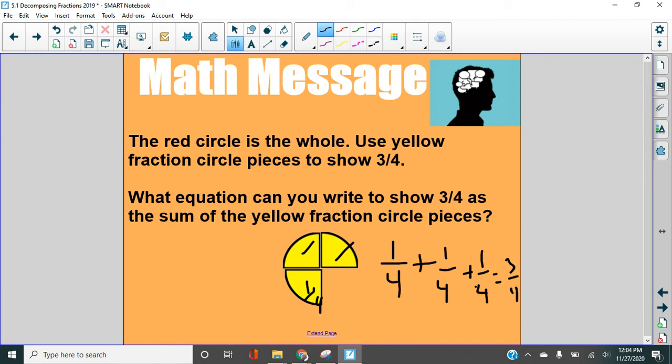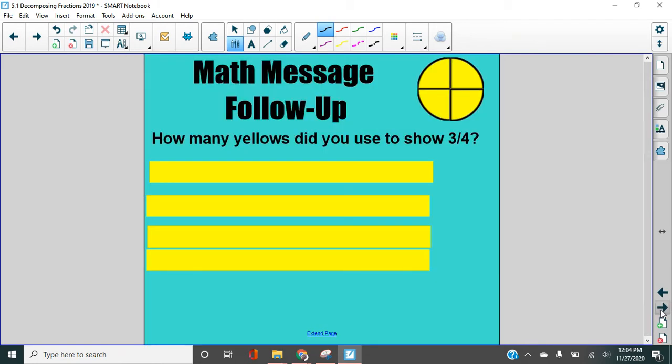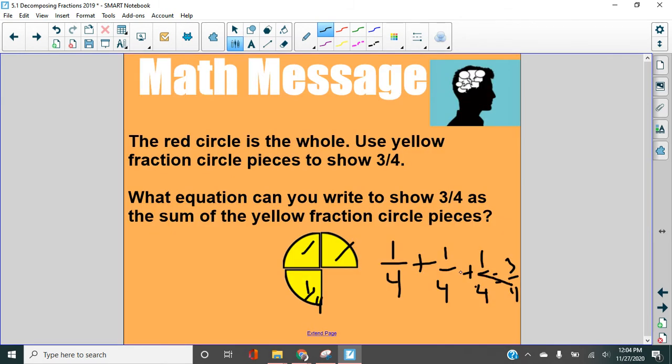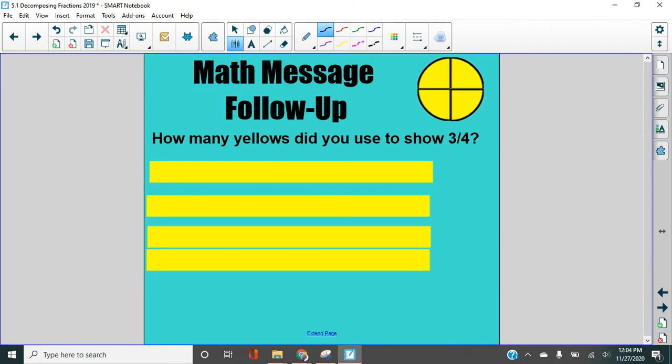This is decomposing a fraction, just taking it apart into a sum of fractions. So our goal here is to be able to decompose a fraction into a sum of fractions with common denominators. Remember, the denominators are the numbers on the bottom. And common denominators means we're always going to have the same number on the bottom. We had all 4s in this problem.